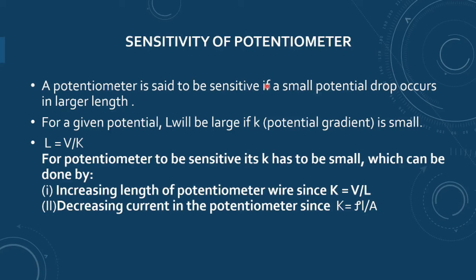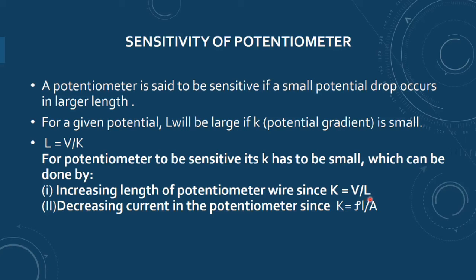Sensitivity of potentiometer: if potential drop is less, then it is said to be more sensitive. Potential gradient should be small. V upon L should be small. So for making the potentiometer more sensitive, the potential gradient has to be small, which means I should be increasing the length, because it is inversely proportional to length.